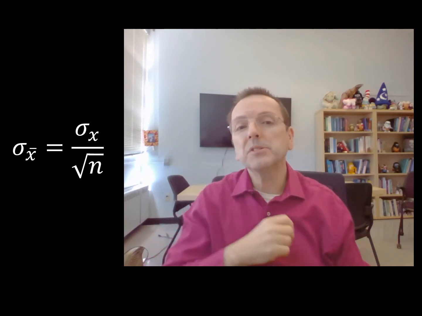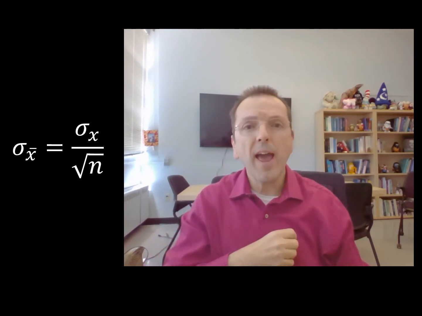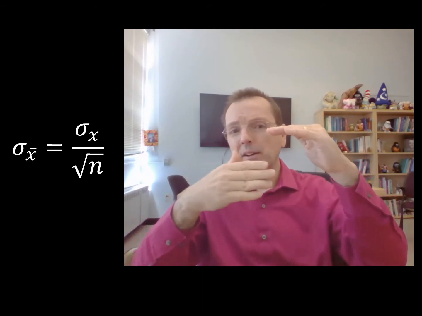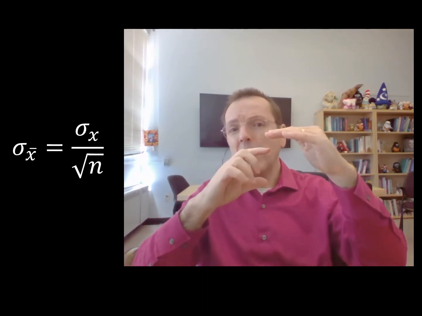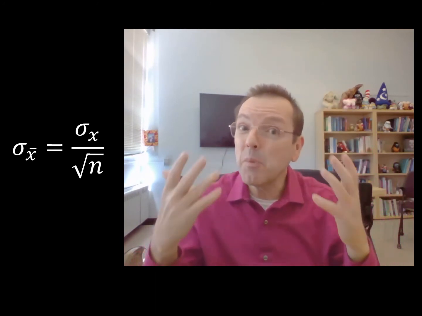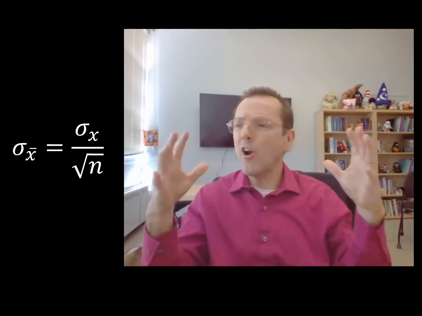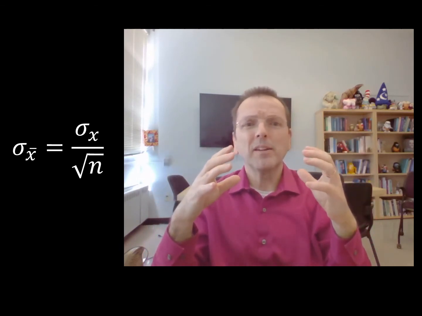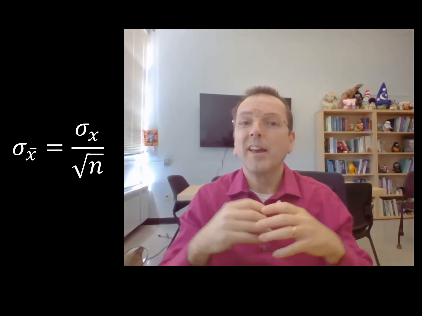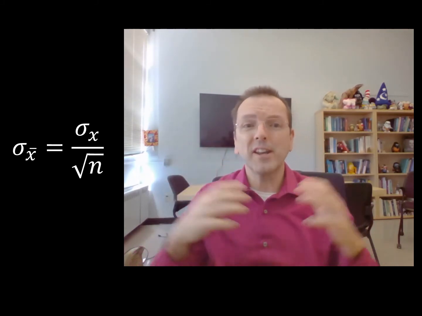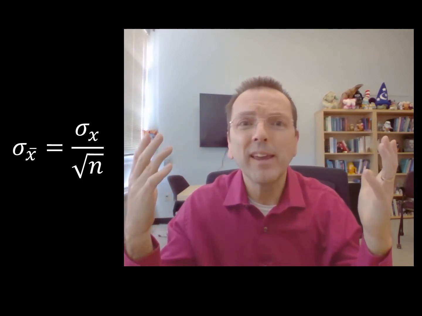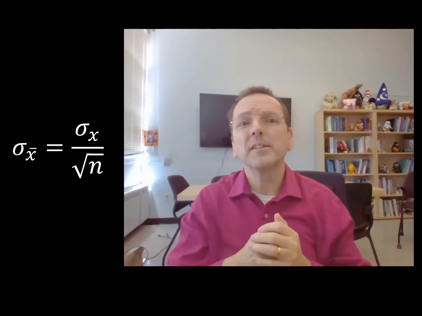As the sample size gets larger, what's going to happen? Well, the denominator is going to get bigger. And as the denominator gets bigger, the standard error of the mean gets smaller. Our yardstick is going to get smaller. It's like you've shrunken your measuring tape. And if you shrink your yardstick, an average 5'9" guy like me can look like a giant.